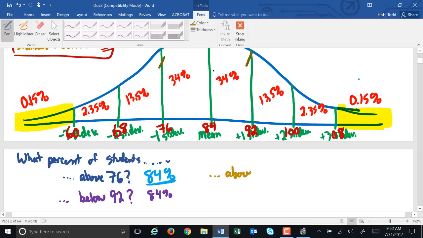Let's say I ask above 100. I've had a few students through the years that have had more than the total number of points possible at the end of the semester. They did all the extra credit and got them right. Well, here's 100. I add those up, I get 2.5%.